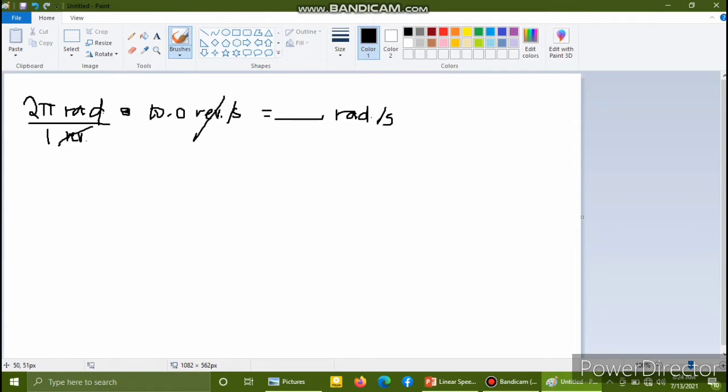So 2 pi times 10 revolutions is 62.8. This is the answer. This is our angular speed.